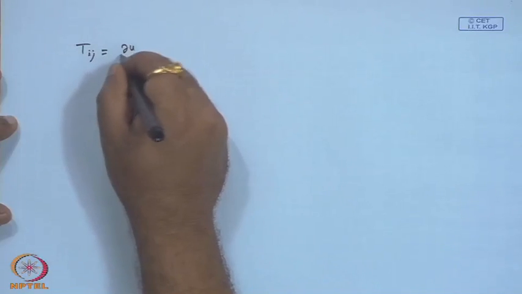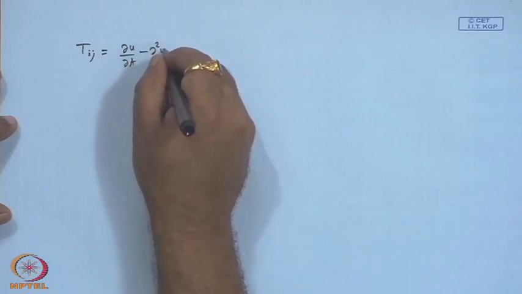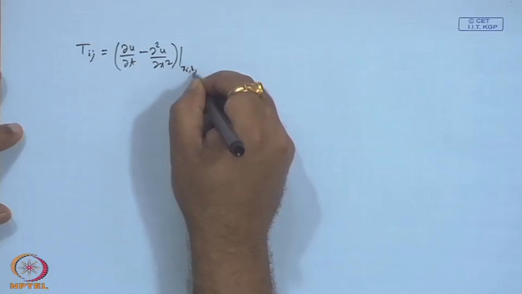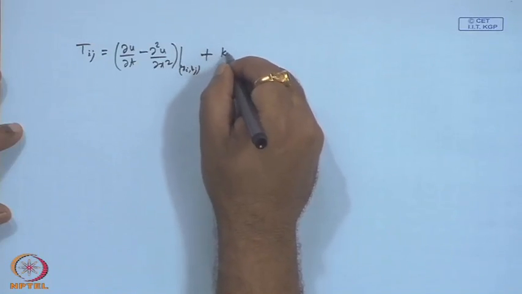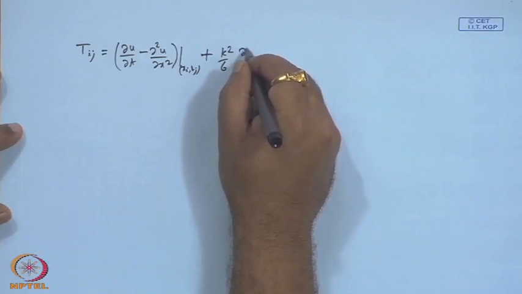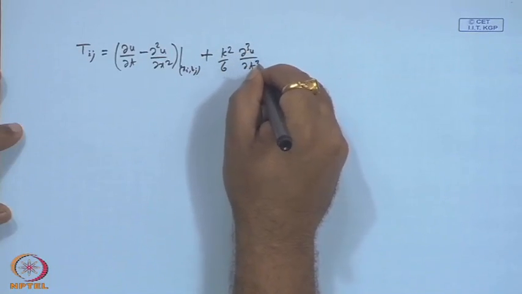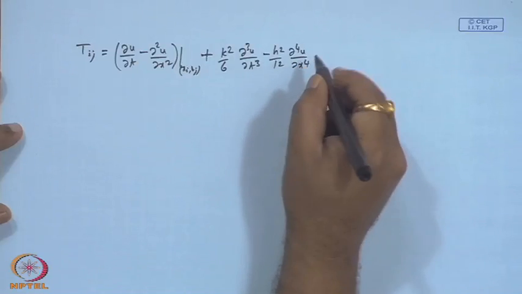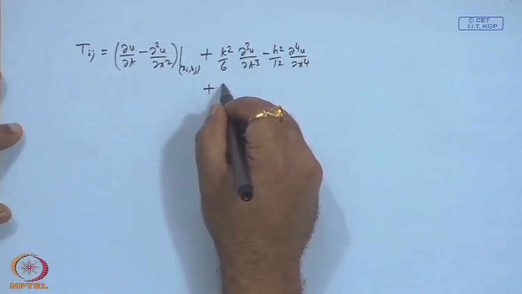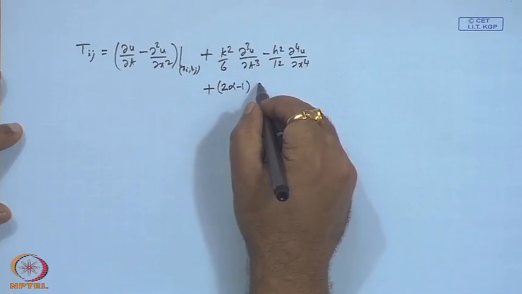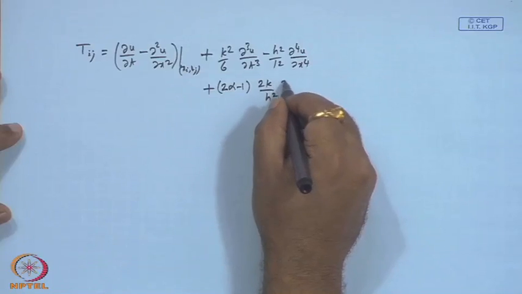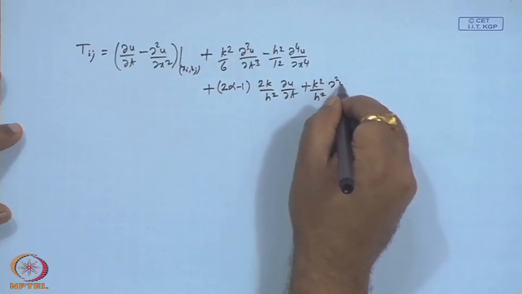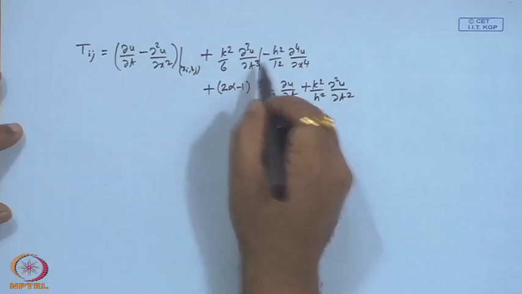T i j is, I mean all of them are evaluated at this point.